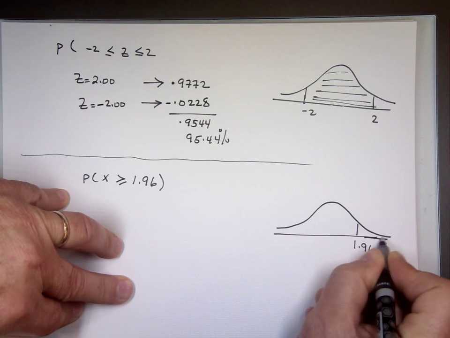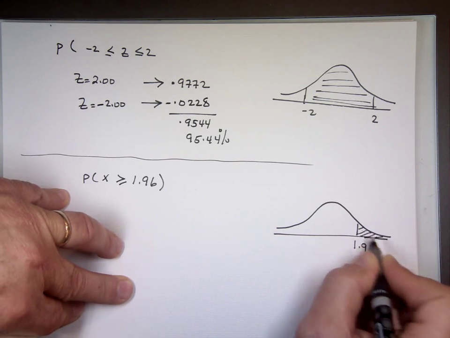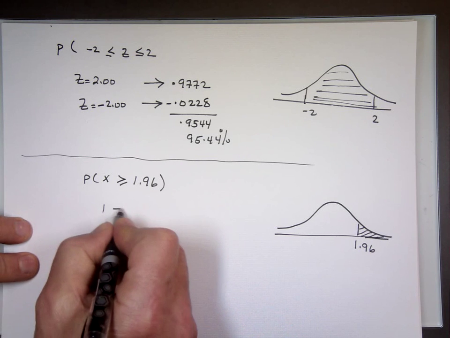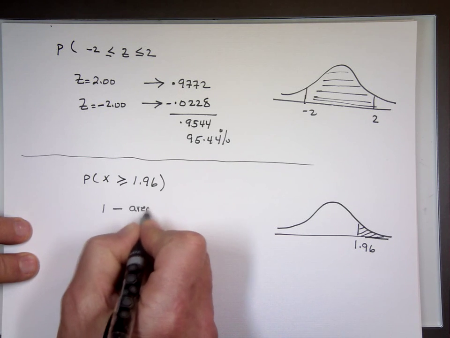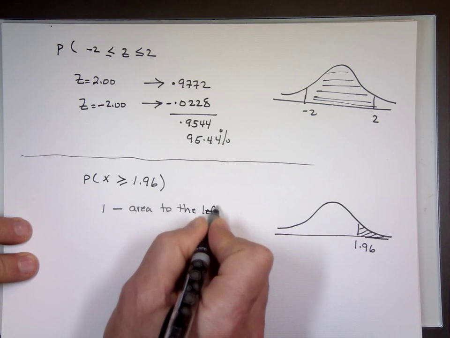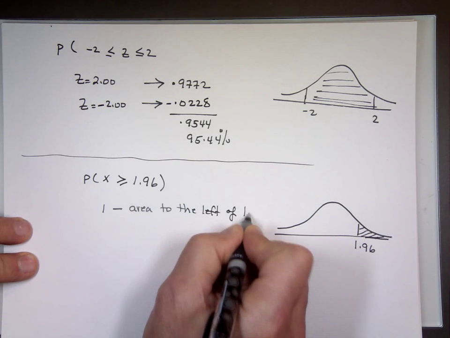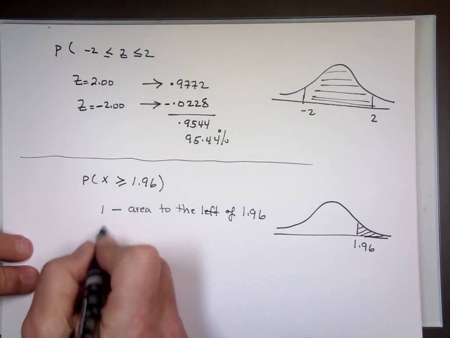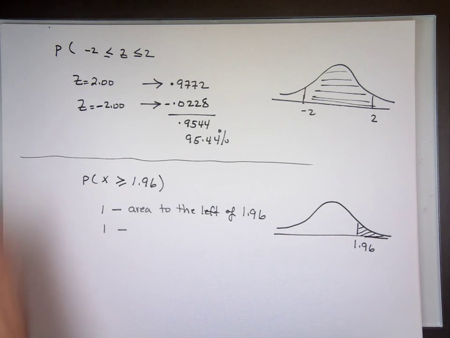What Scott said, look at the area to the left. You know the whole thing is 1. So it's 1 minus the area to the left of 1.96.